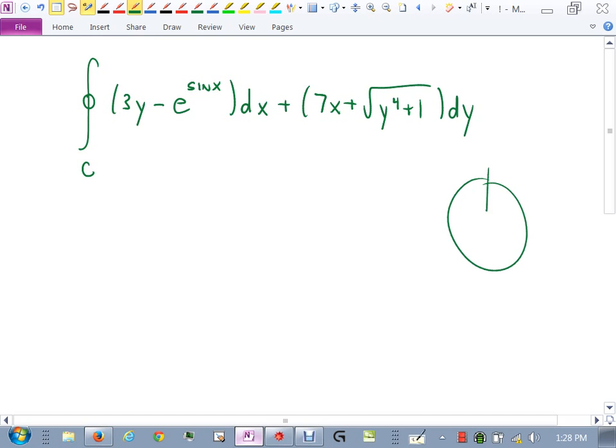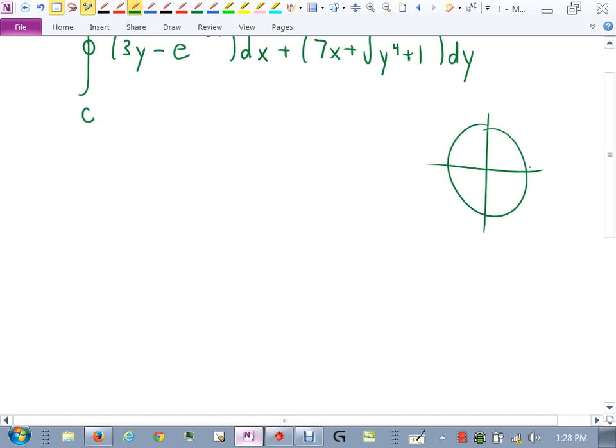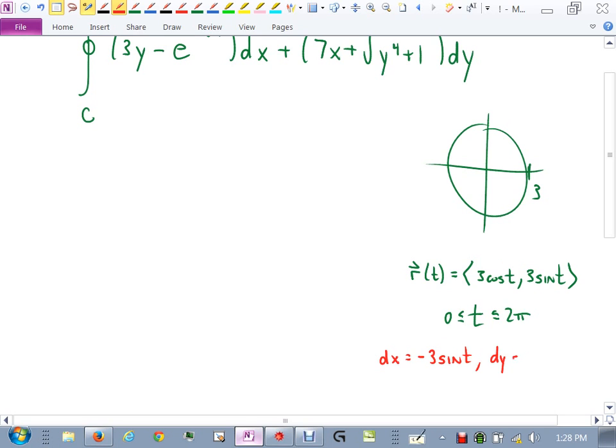So if I were to come up with the parametric representation of that, I'd be looking at 3 cosine t, 3 sine t, t from 0 to 2 pi. Then I would need to find out what dx and dy are, right? dx would be -3 sine t. dy would be 3 cosine t.